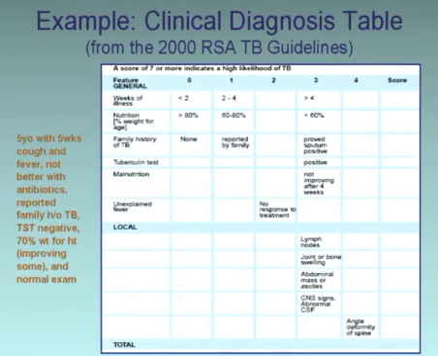Malnutrition that doesn't improve within 4 weeks of treatment, 3 points. Unexplained fever, no response to treatment, 2 points. Things you can get just by exam: local lymph nodes, joint swelling, abdominal mass, abnormal CNS findings, or abnormal CSF. All of these things, whatever they have, you simply add them up.